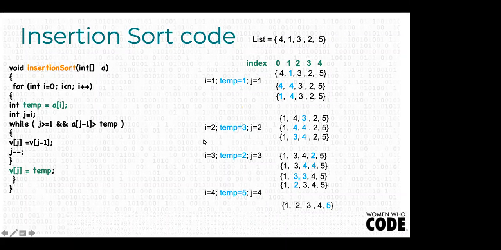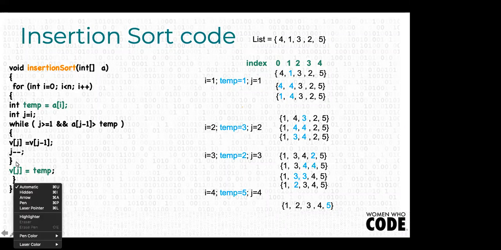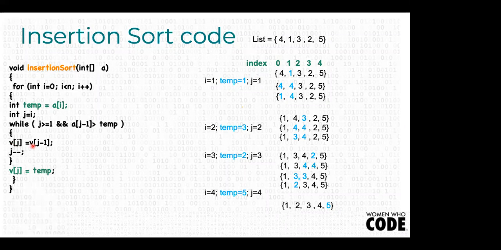Sorry about that. It's just one array that we are having, and we're not really having any V here. This is supposed to be A here.